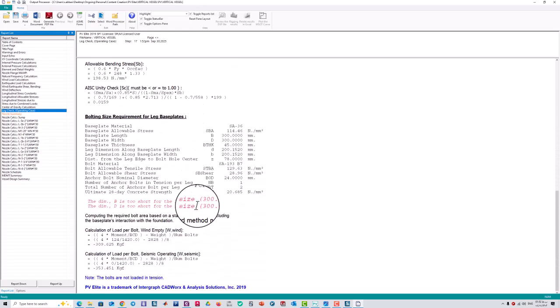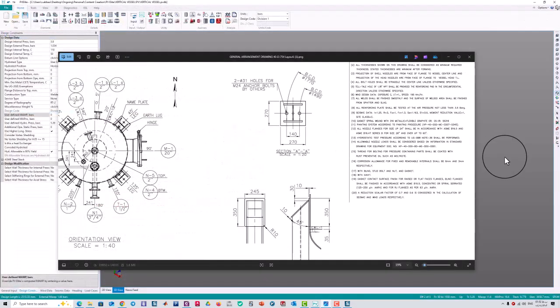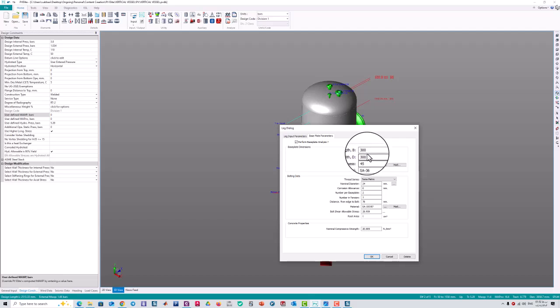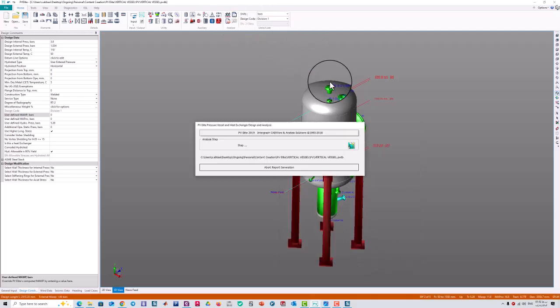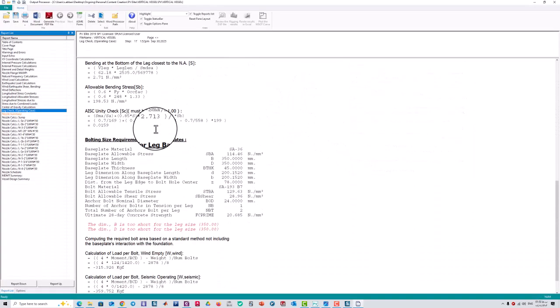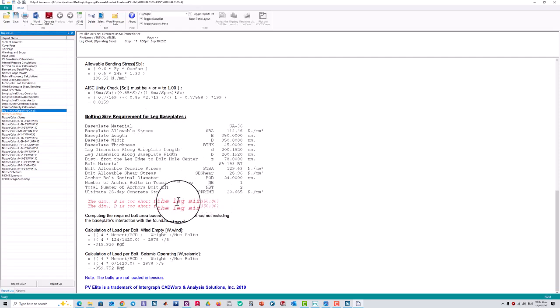It needs further modification. It seems that the 300 is not big enough for this vertical vessel. 350. Click OK and run the analysis again. The same error.